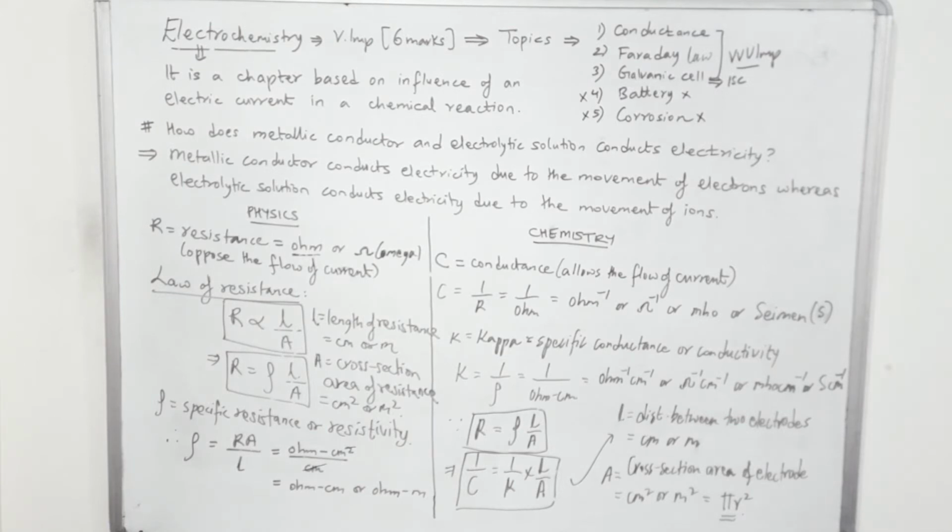Now you have to remember the units of all of this along with the formula. So far only one formula is important to you: rho equals resistance into area of cross section divided by the length of resistance. And do remember, area in chemistry means cross section area of electrode, which is pi r square.